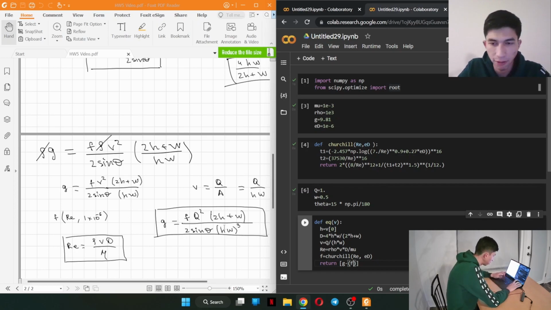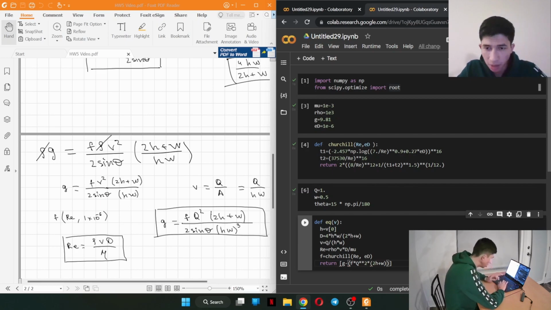Let's be careful with it. So it's the fanning friction factor times q squared times (2h plus w), right? So this is our numerator.